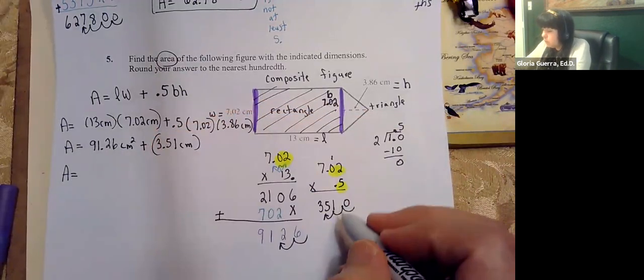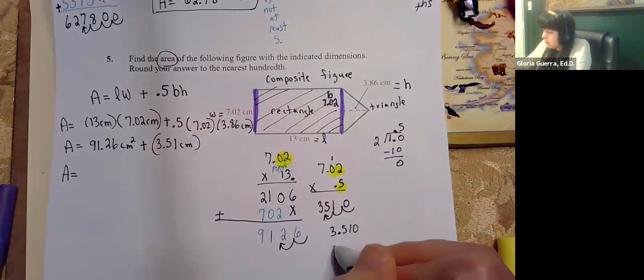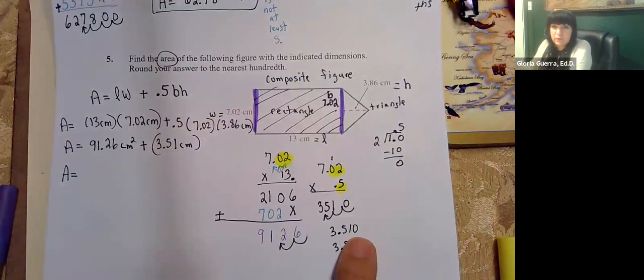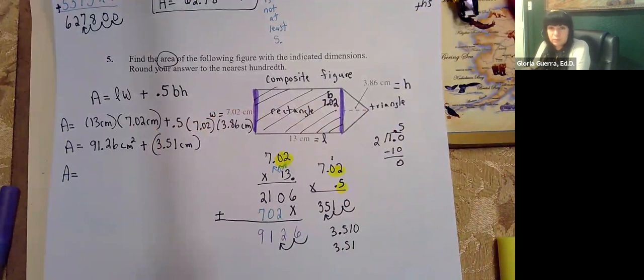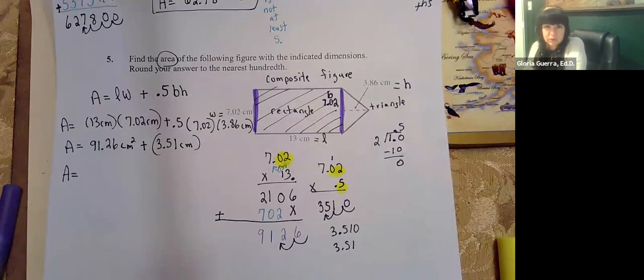And I'm going to leave it at 3.51. It's 3.510, but you don't need that 0 at the end. If it were in between the numbers, like between 5 and 3, or between 5 and 1, then you do need it. But at the end here, we don't need it. Even if the 0 were at the front, in front of the 3, then you still wouldn't need that.